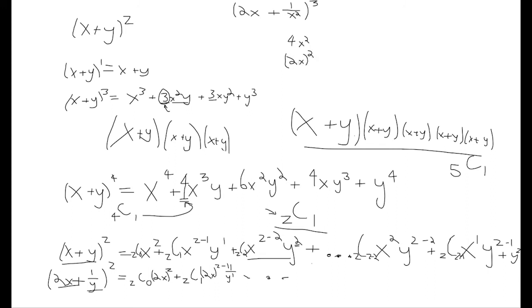So in other words, you picked 2 of the 2x's, right? And then you got 1 of the 1 over x squareds. And I didn't write the coefficient for that, but all right.